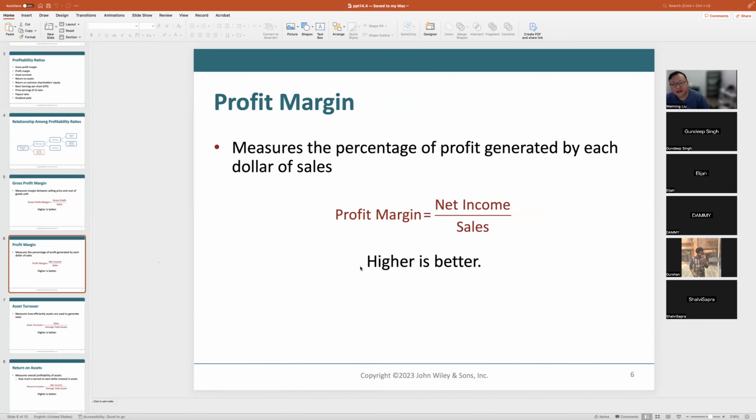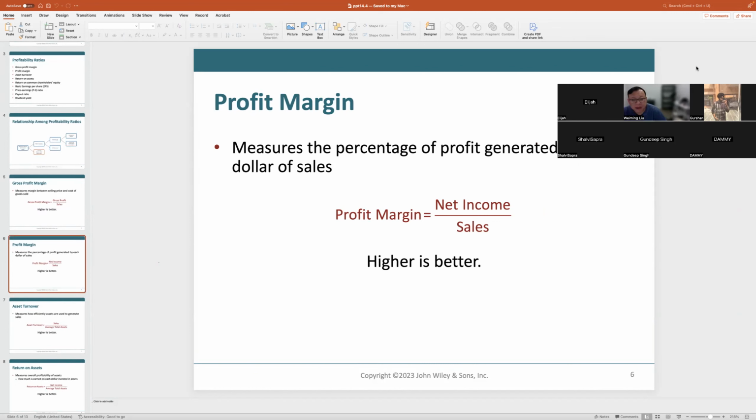And of course, the higher profit margin is better, right? You want more income. Does this make sense? Does anyone understand gross profit margin versus profit margin?